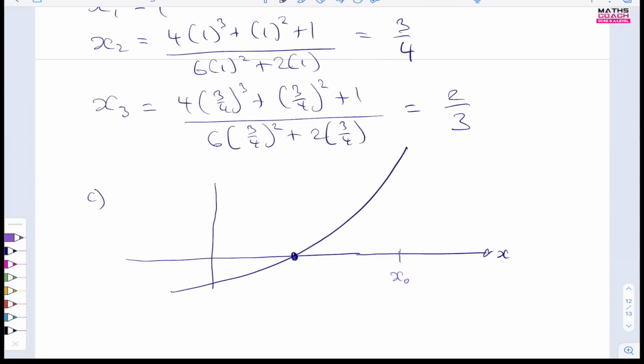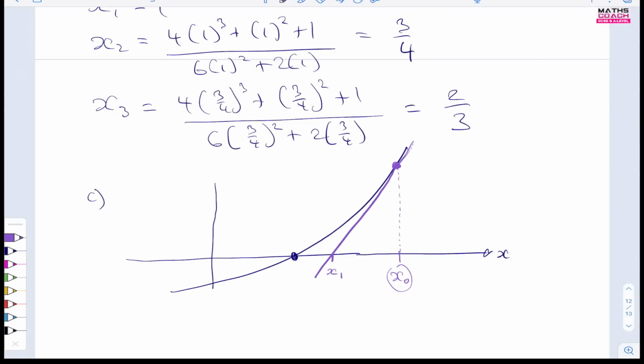So what Newton-Raphson does is that you plug in x0 into Newton-Raphson, and the answer we get is basically the root of the tangent at that point. So on the curve where x equals x0, the tangent that's formed at that point crosses the x-axis at that point here. This is the value we get back from the Newton-Raphson formula.